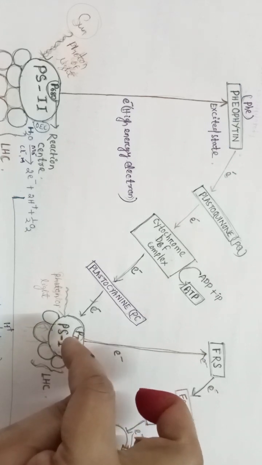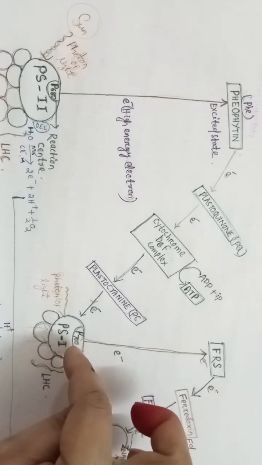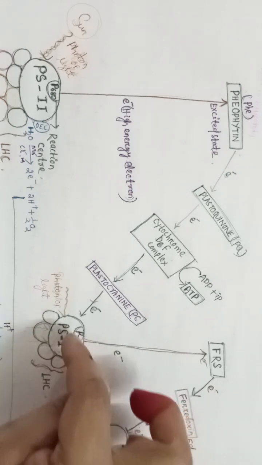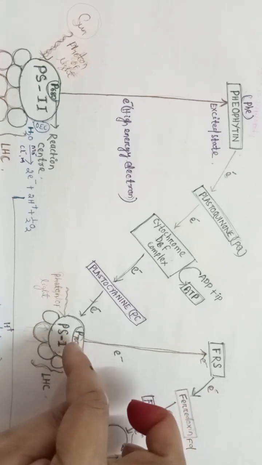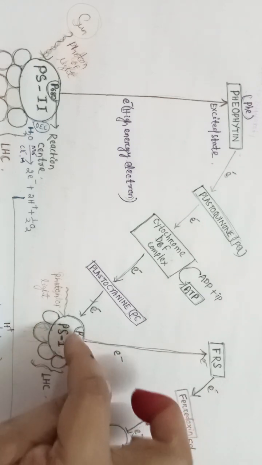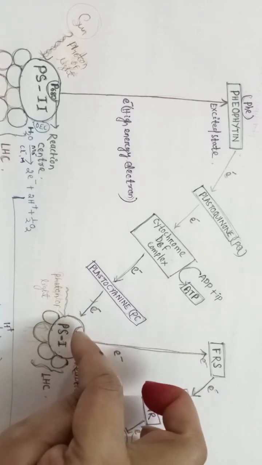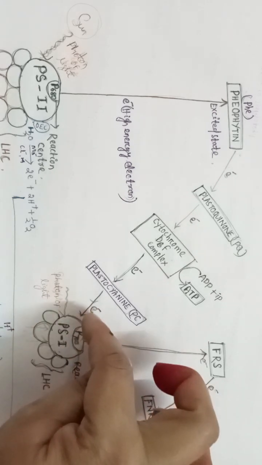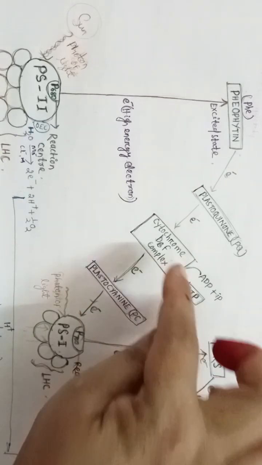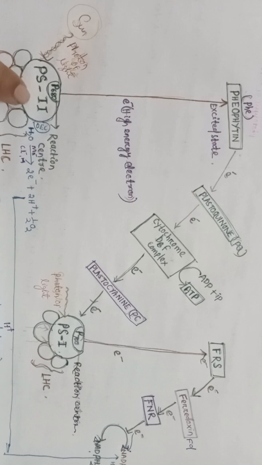It has a hole, or electron deficiency, now. So this deficiency, or this hole, is filled by the electron which comes from the reaction center of photosystem 2.